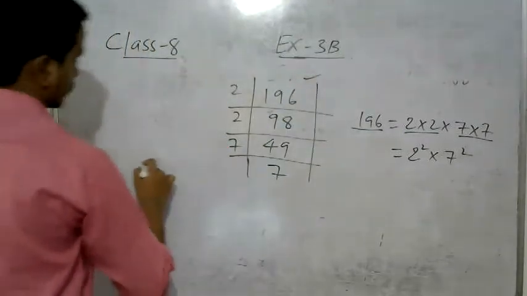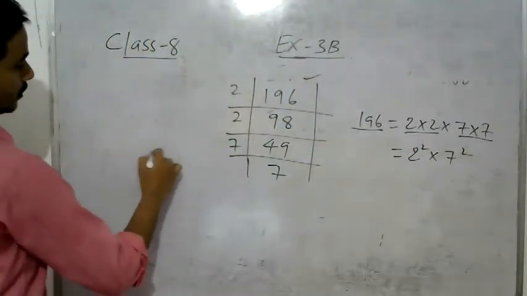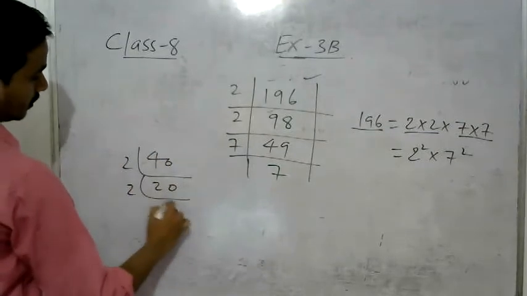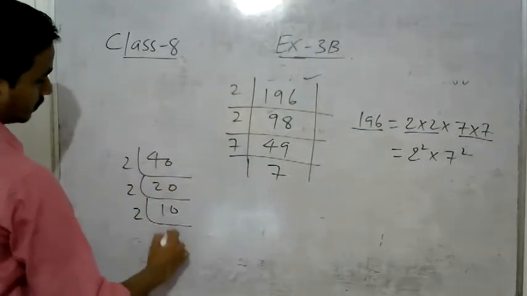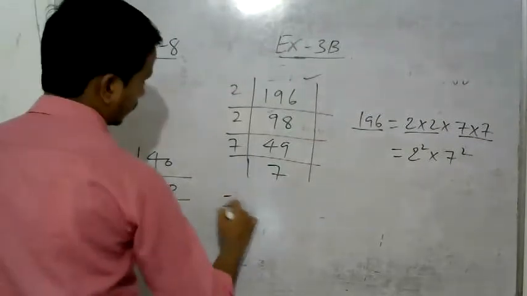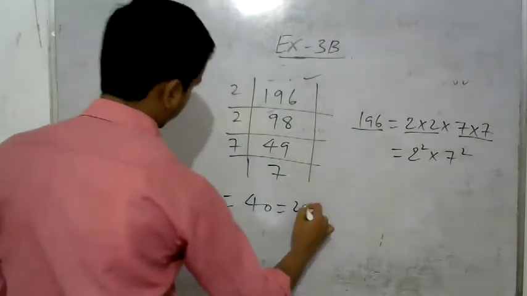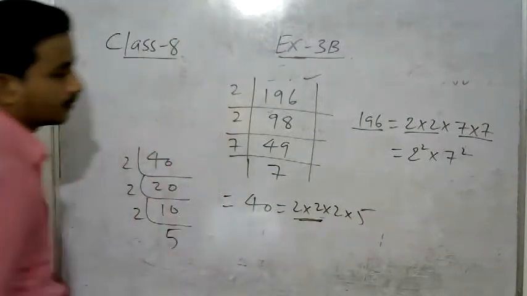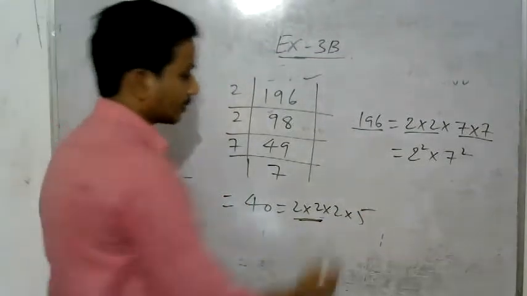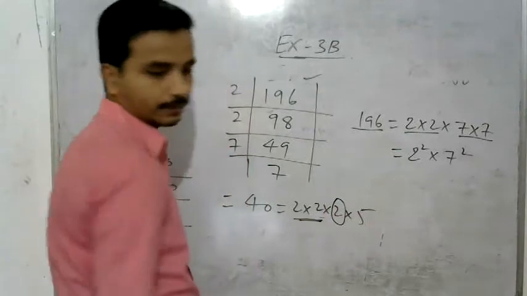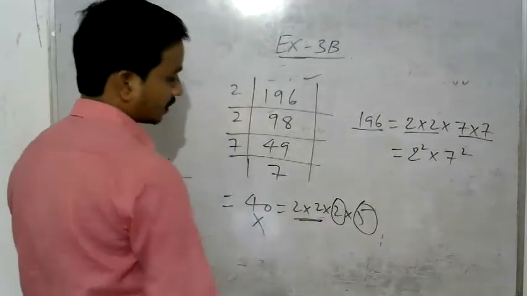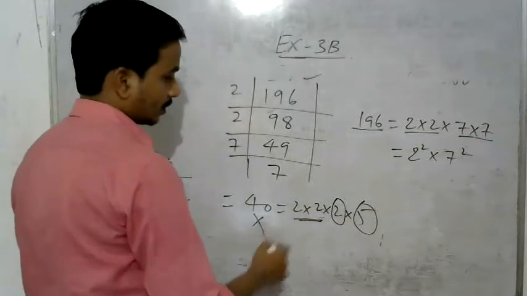Let us check another number, for example, 40. Divide it by 2, 20, 2, 10, 2, 5. So 40 can be written as 2 into 2 into 2 into 5. Here one pair is formed, but this 2 is not forming any pair, and this 5 is not forming any pair. So 40 is not a perfect square number.